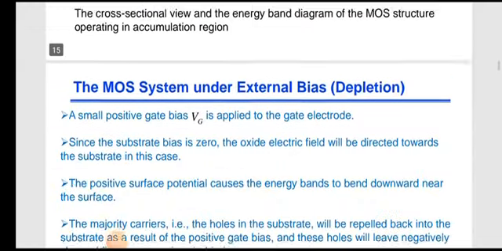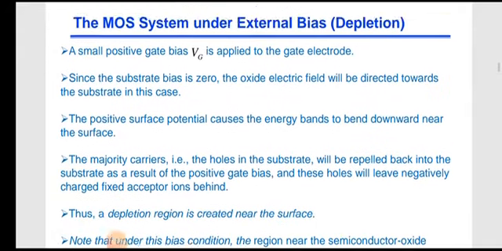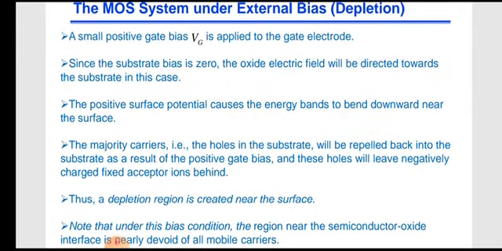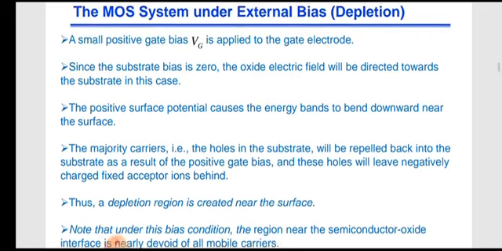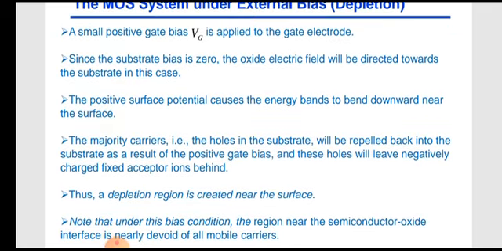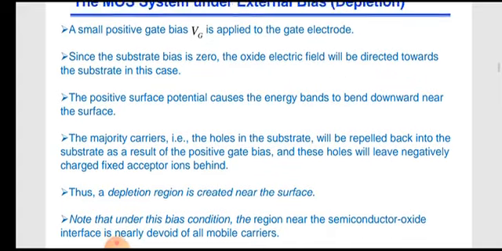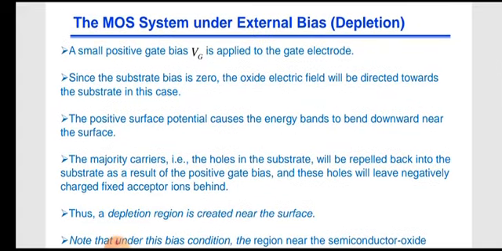Now the MOS system under external bias, when we talk about the depletion layer: a small positive gate voltage is applied to the gate electrode, meaning the gate voltage is not much greater than the threshold voltage, but a positive gate bias voltage is applied to the gate of the MOS.